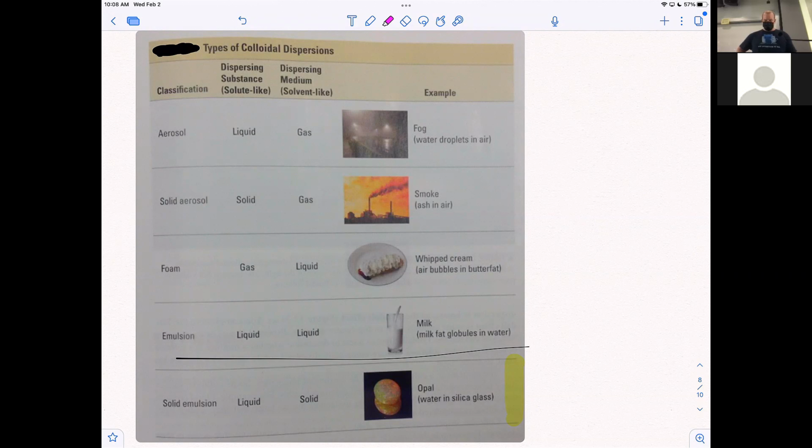An aerosol is when you have a liquid dispersed into a vapor. An example of that is fog. Fog is water droplets in air. And similar to fog, you can have smoke, which is a solid aerosol.